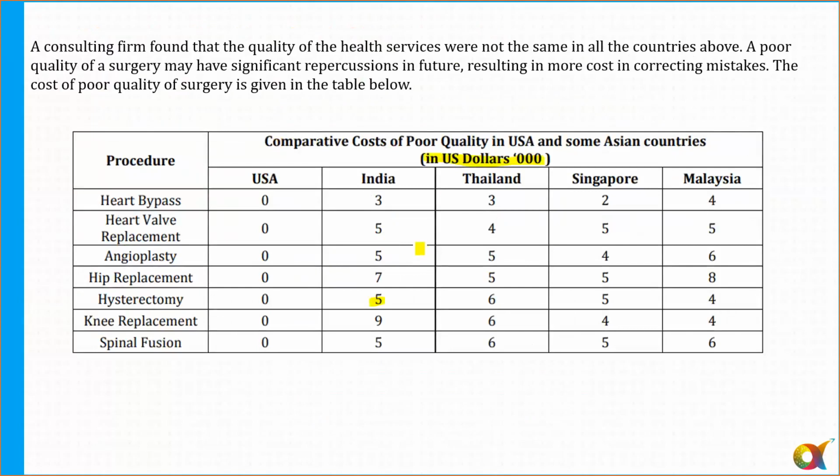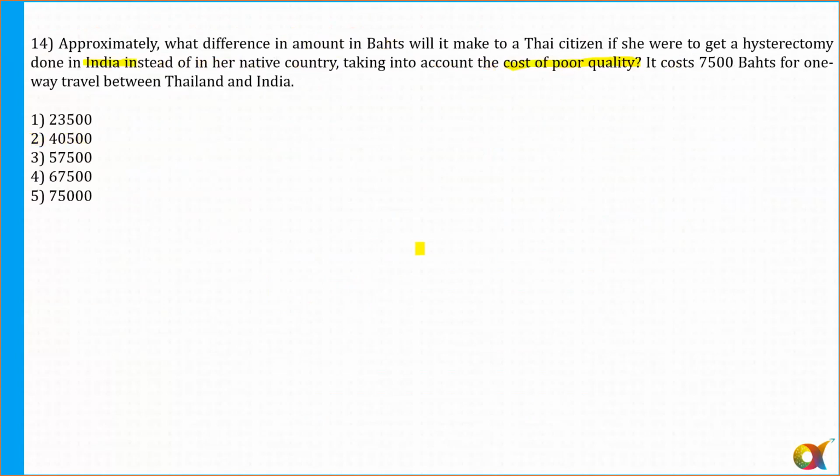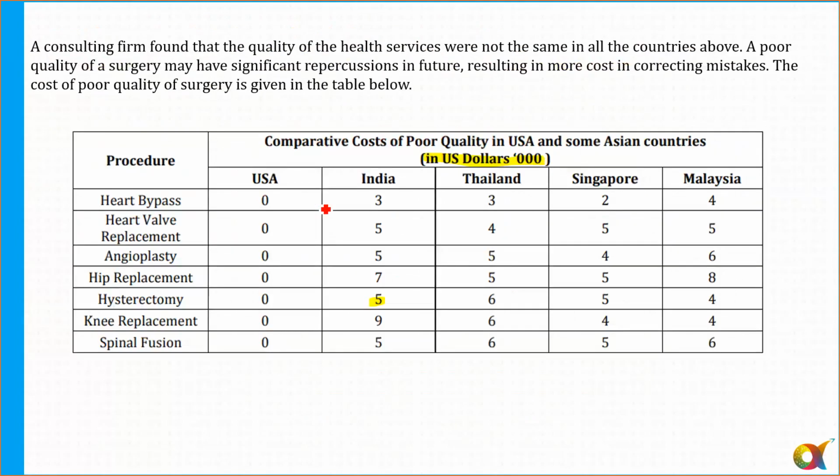So if I go for a hysterectomy in India, the cost will be 3,000 plus 5,000, equal to 8,000 USD. That is US dollars. That is important. Now, if I go in Thailand only, what is the cost of hysterectomy in Thailand? Let's see.